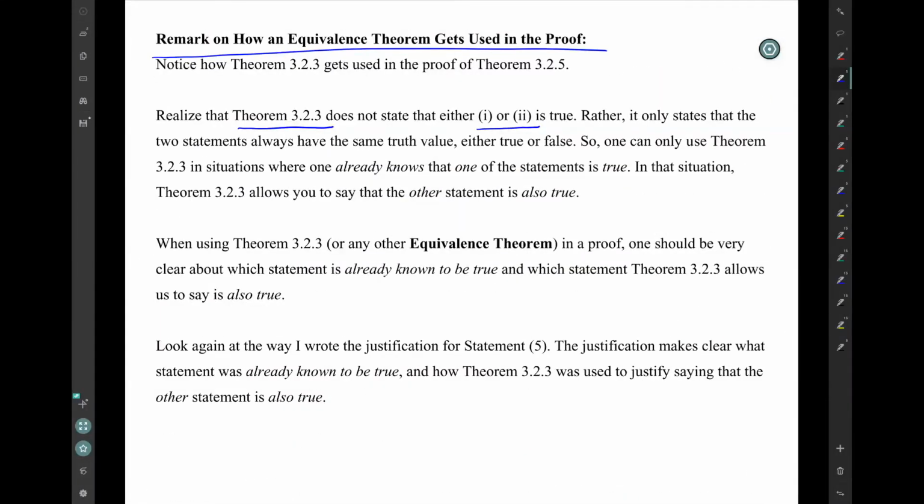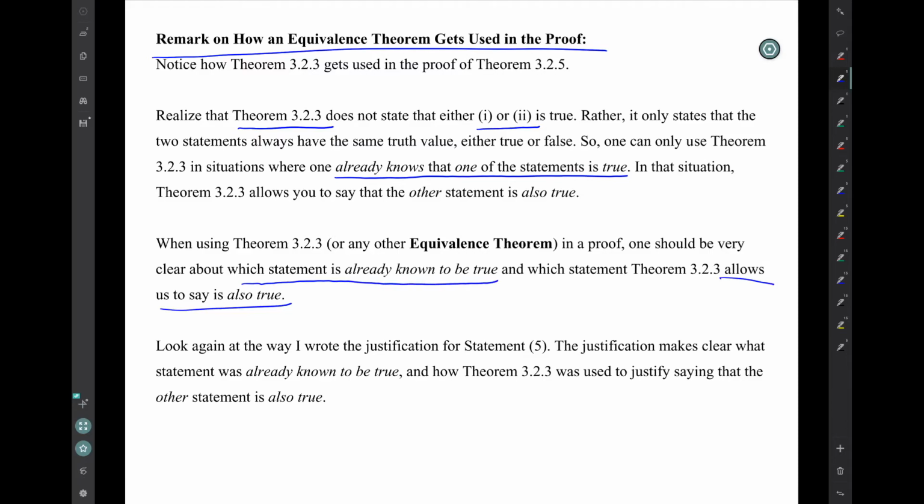You can only use that theorem in situations where you already know that one of the statements is true. In that situation, that theorem allows you to say that the other statement is true. So when you use an equivalence theorem in a proof, you should be very clear about which statement is already known to be true and which statement the theorem allows us to say is also true.